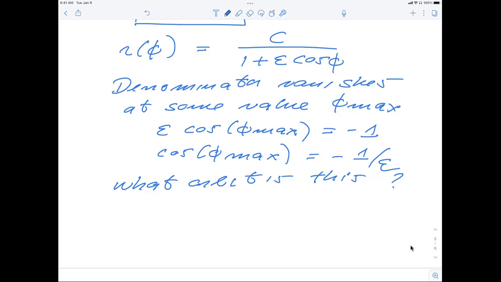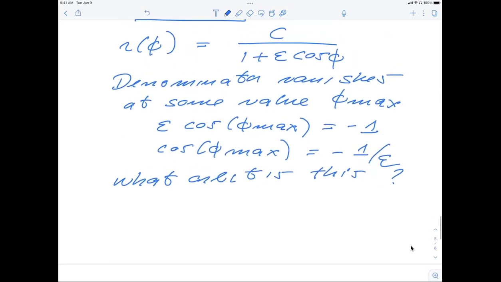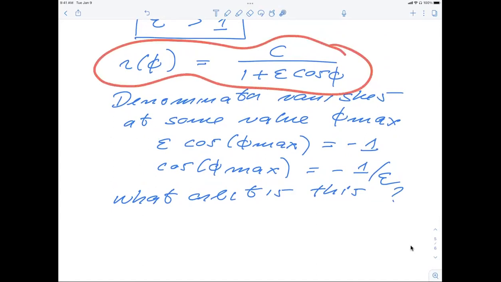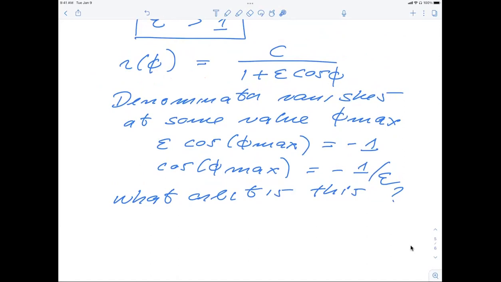So what we have, again, is the same equation. We start with the equation which you see up here. We multiply both sides by 1 plus epsilon cosine phi, and remind ourselves that Rx is R times cosine phi.